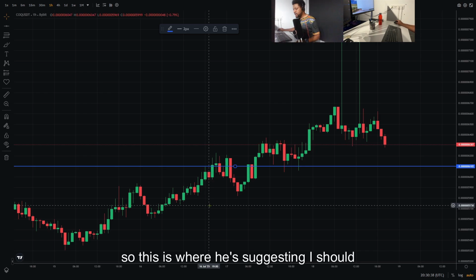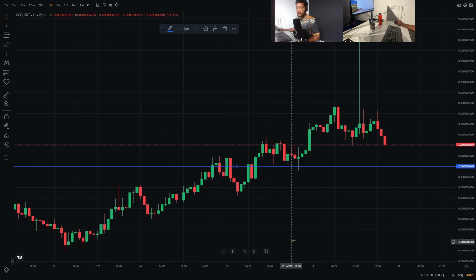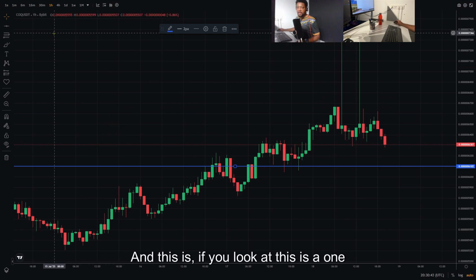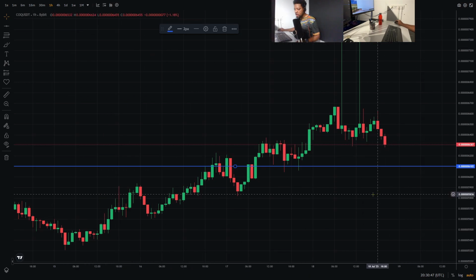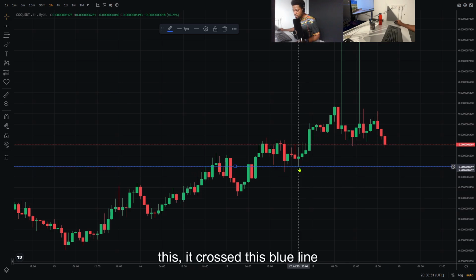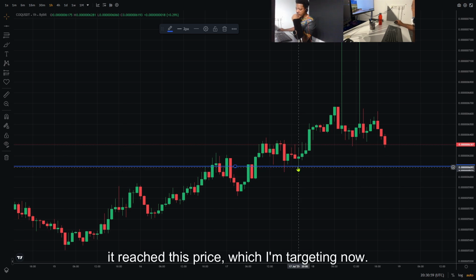So this is where it's suggesting I should buy, and this is a 1 hour time frame, so each candle is 1 hour. If you look at this point, it crossed this blue line on the 17th of July, 8 o'clock. So that was the last time it reached the price I'm targeting now.